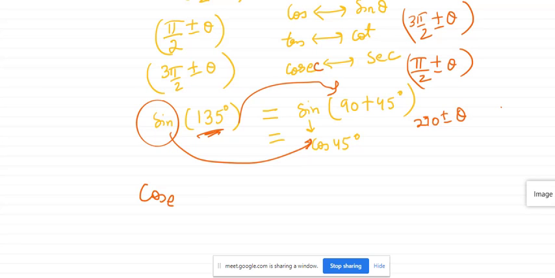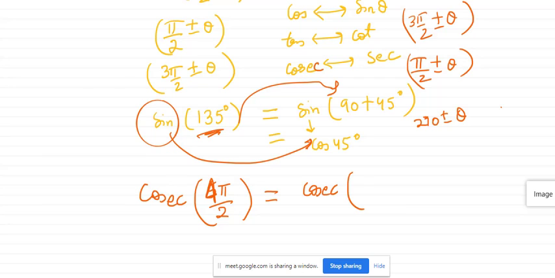Let's say you have cosec 5 pi by 2, how will you write it? Let's say 4 pi by 2. You can already write it as 2 pi plus pi by 2.